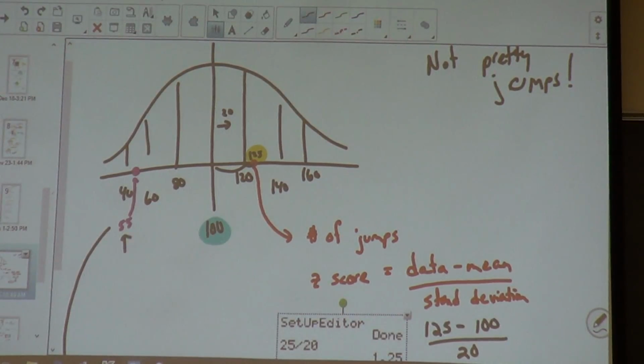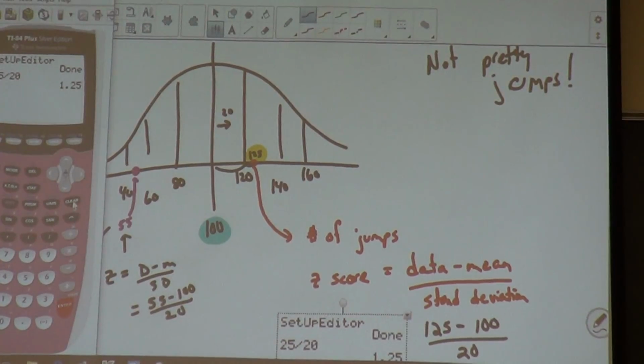Now, if I do this one, my z-score is data minus mean over standard deviation. So what is my data? 55 minus, what is my mean? 100, what is my standard deviation? 20. So if I go to my calculator, I'm going to do data minus mean divided by standard deviation.